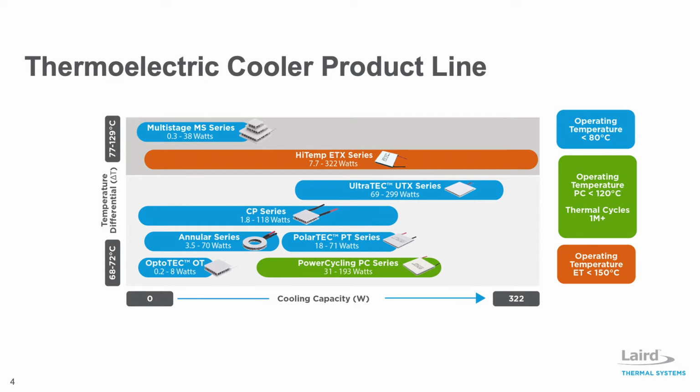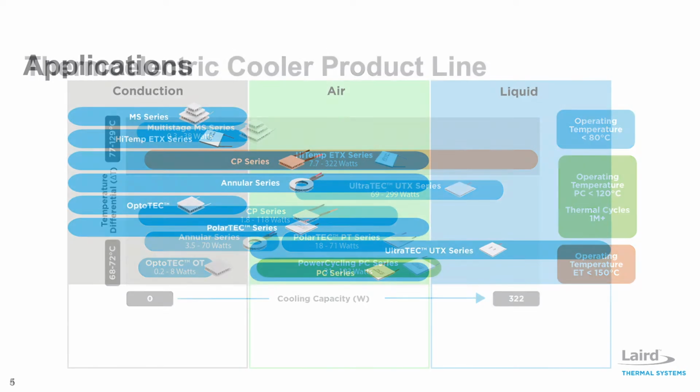A design engineer should consider thermoelectric coolers when the system design criteria includes such factors as precise temperature control, high reliability, compact geometry constraints, low weight, and environmentally friendly requirements.